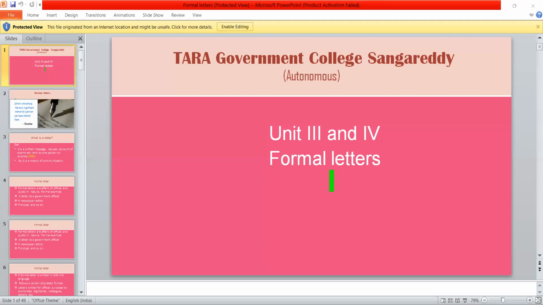If it is a large organization, the attention line will be there, and then salutation, dear madam, dear sir, dear sirs, or dear Raju, dear Usha, some name, salutation. Then comes the subject, with regarding what.